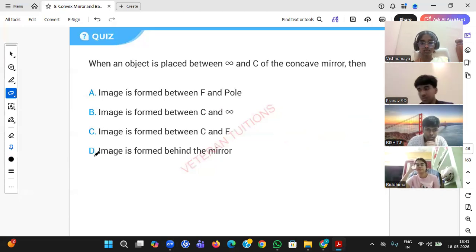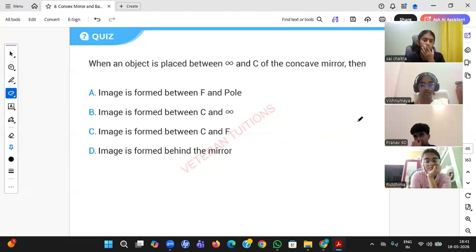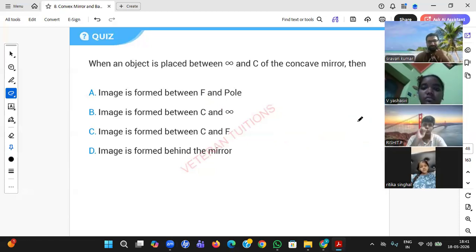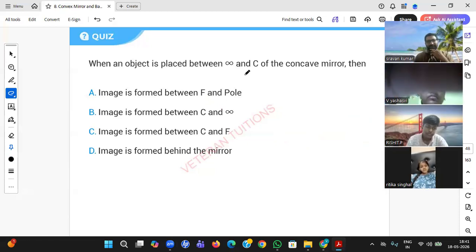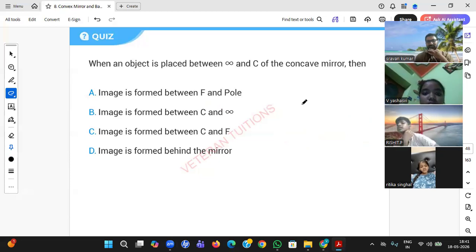When the object is placed between infinity and C of the concave mirror, yes, Yashashvi, which case, beta? Infinity and C. Yashashvi, can you hear me?